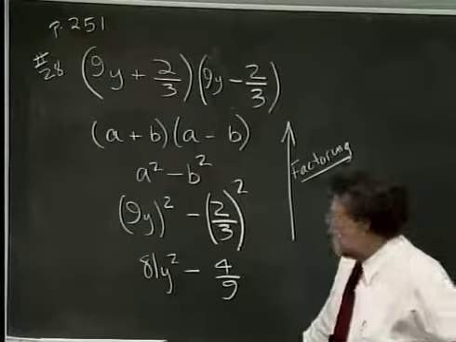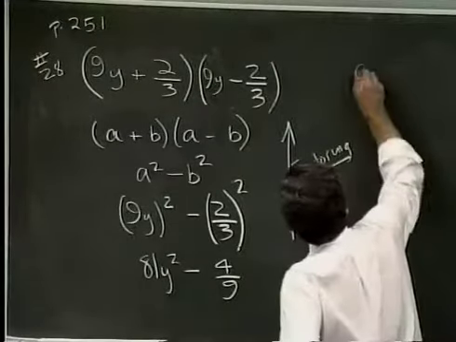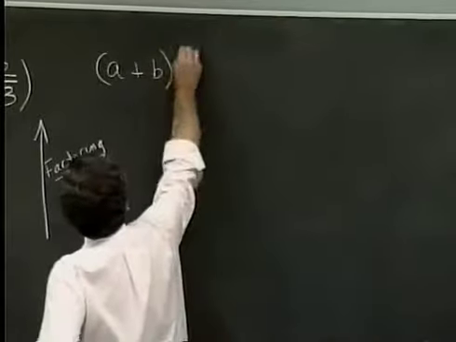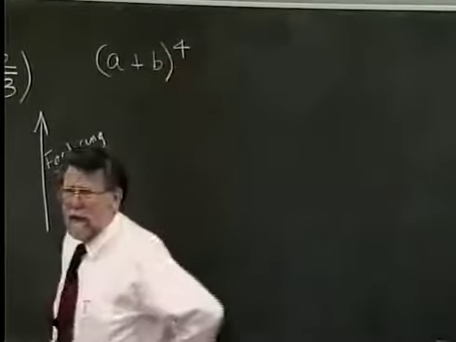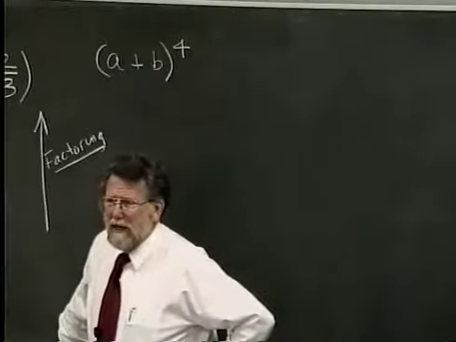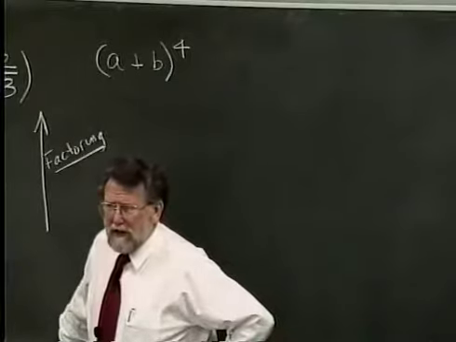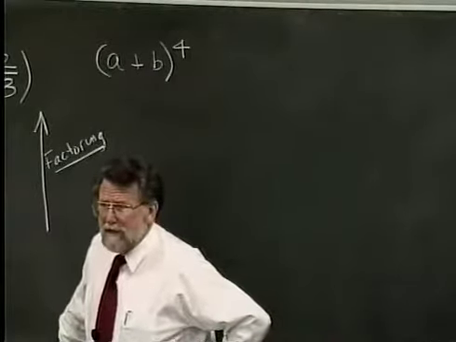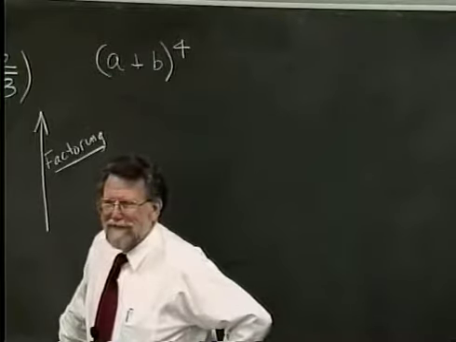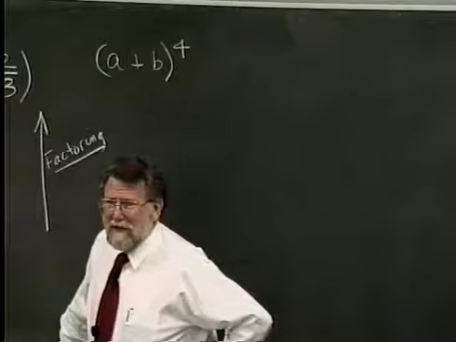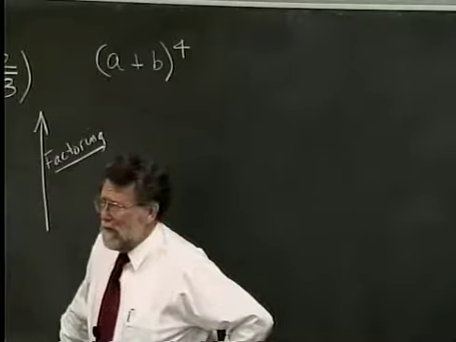Okay, so what I would like you to do is just for the heck of it, (a plus b) to the fourth. Set it up and see if you can get it just by piecing it together with Pascal's triangle and knowing what happens to the exponents. See what you can do. And if you get this, then I'm going to be a real happy camper.